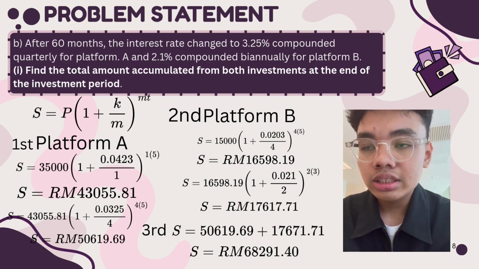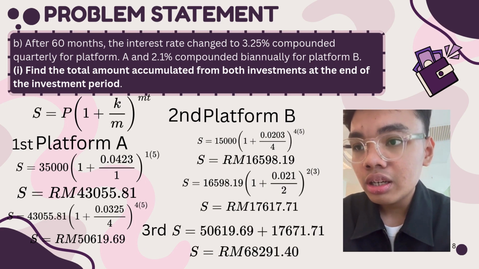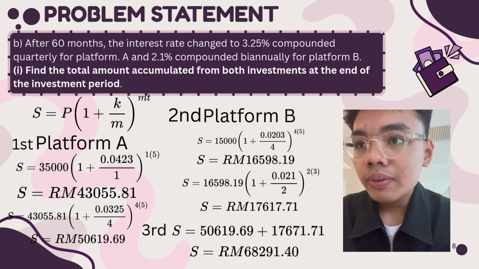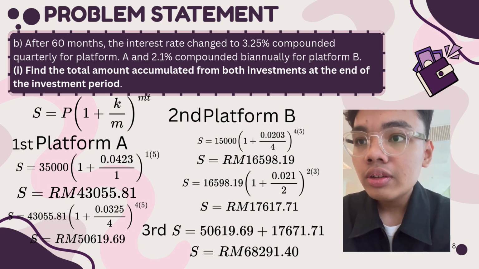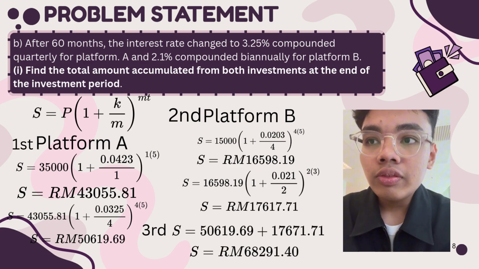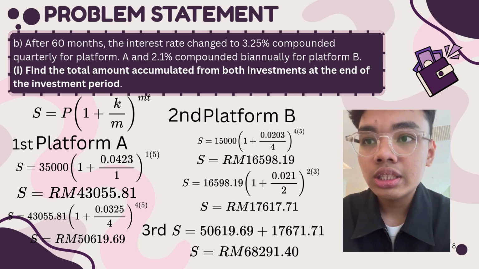After getting the answer, we're going to use the same answer for the next equation, which is the second part. The P will become the previous answer, the k will become the percentage, which is 3.25%. The m will be quarterly compounded, which is 4, and the year will be 5, which is 10 minus 5 equals 5. So the answer we will get is 50619.69.